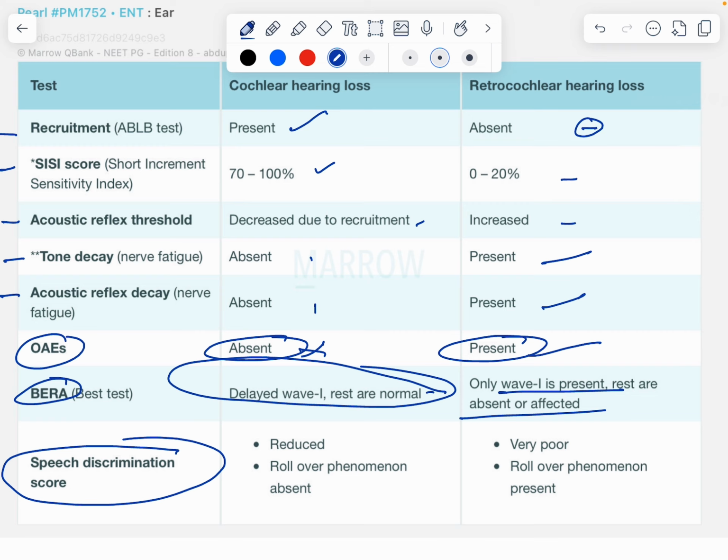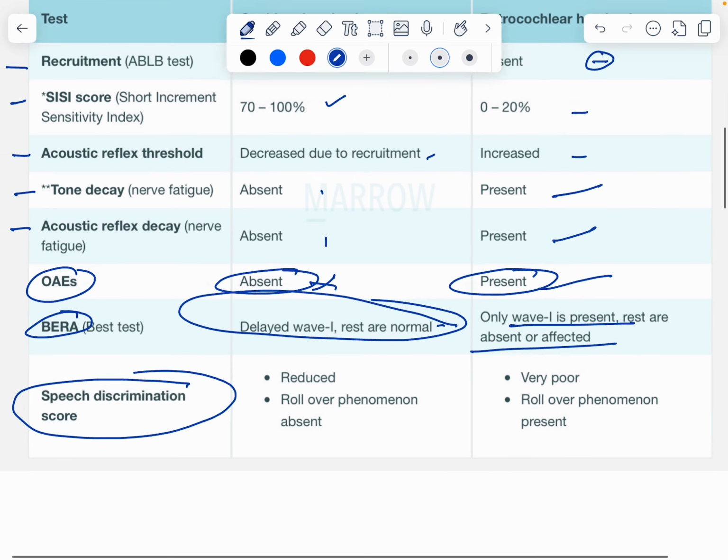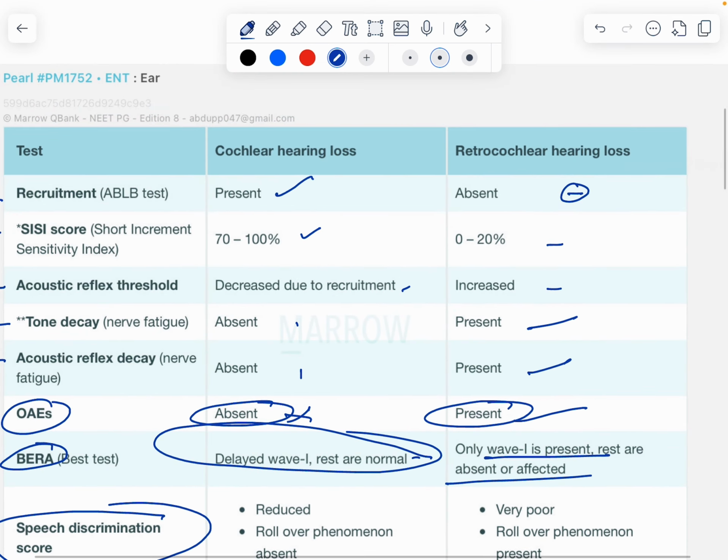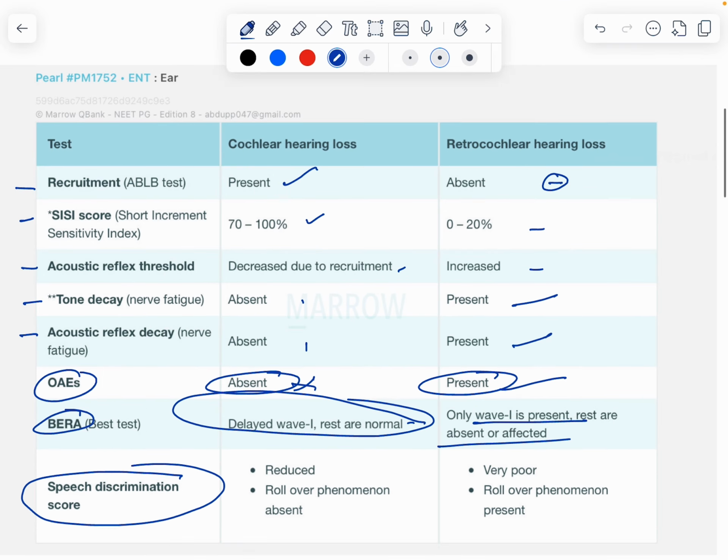In people with retrocochlear hearing loss, their score will be very poor, out of proportion to the hearing loss. But in cochlear hearing loss, it will be reduced, but not as much as in retrocochlear hearing loss. So I think I have explained cochlear versus retrocochlear hearing loss.